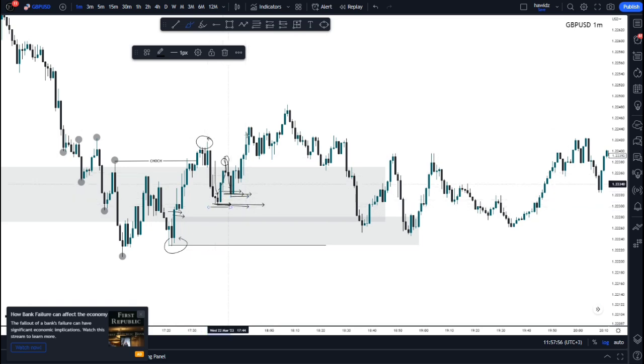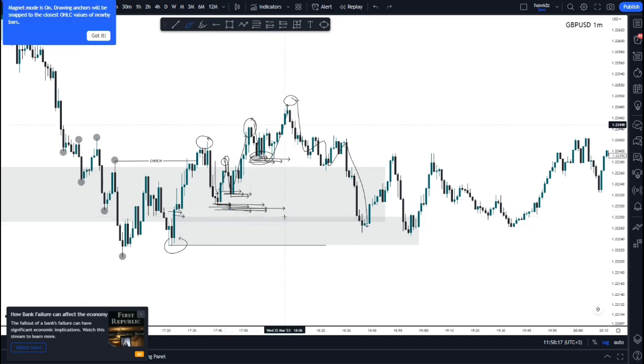Price then creates a high, they see a retracement and add buy positions, with the stops still here. Price comes up, creates another high, then comes down with a rapid move to take this liquidity as well as mitigate our S&D zone.